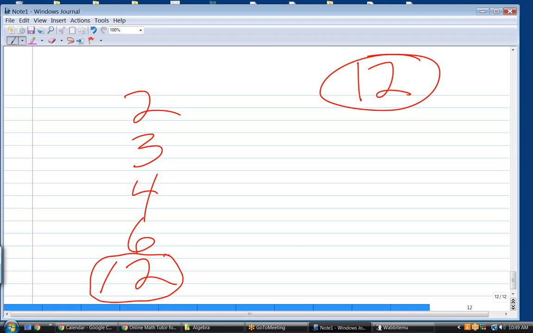Yes. Does 4? Yes. Does 3? Yes, 3 divides into 12 4 times. And 2 divides into 12 6 times. So all of them. Well, that's the greatest one, though.